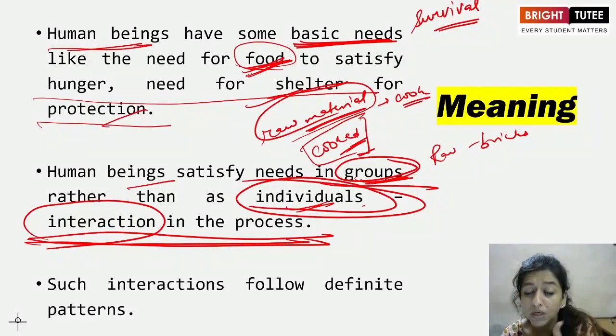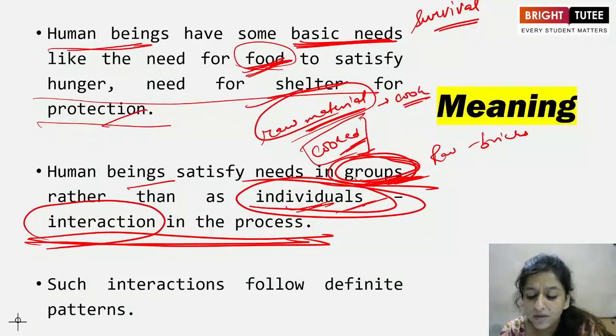As an individual, you cannot build a bungalow on your own. As an individual, you cannot have a structure set on your own. So again you need the help of groups to fulfill even your basic needs.